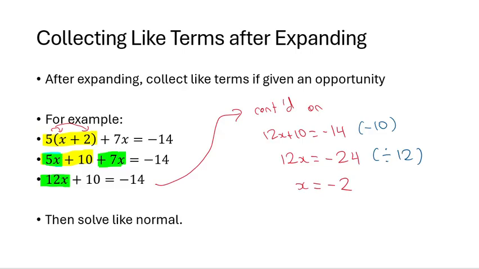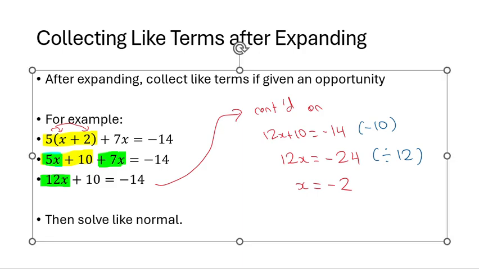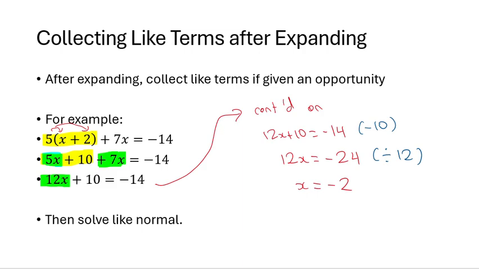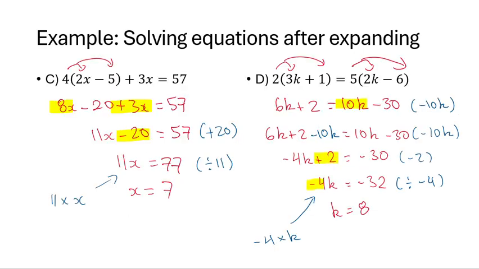And 5x plus 7x just equals 12x, which is highlighted right there. So you'll be along this line here, 12x plus 10 equals negative 14. Once you reach this stage, you can just continue on like always and just solve, okay? That's all you got to do. So have a look at this here, see if it matches. If you're stuck, let me know, okay?